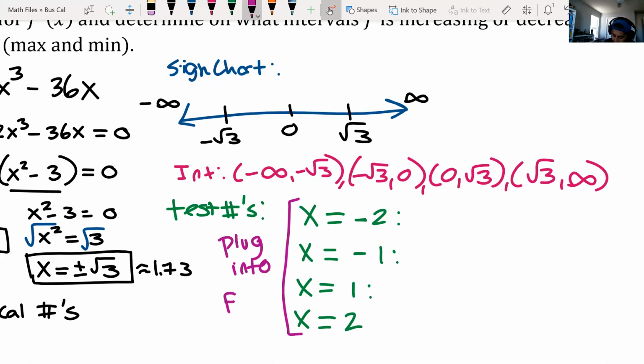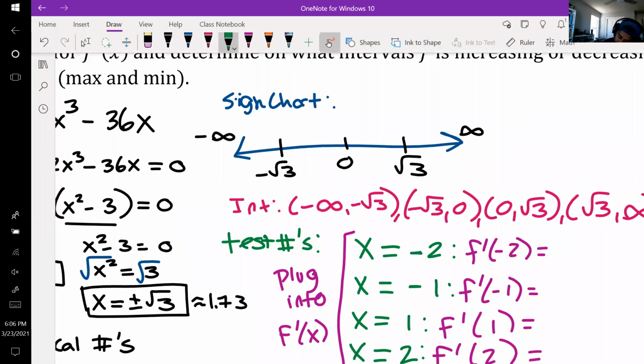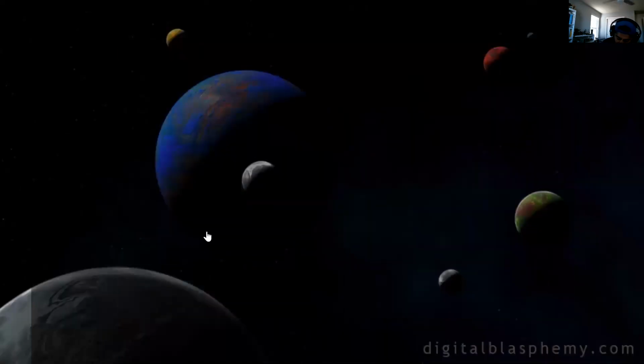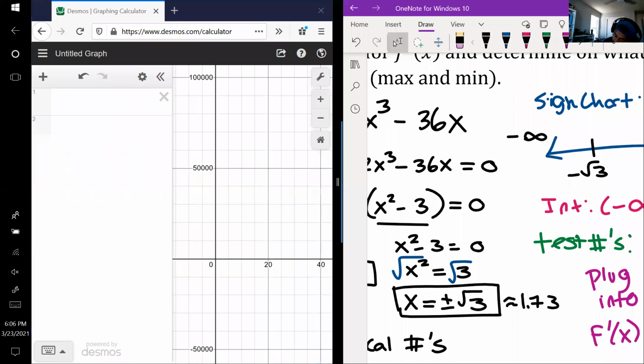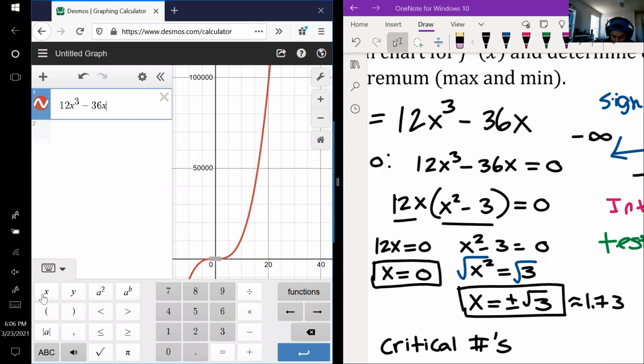Plug into f prime of x: f prime of negative 2, f prime of negative 1, f prime of 1, and f prime of 2. Desmos. Desmos for the win. Give me that first derivative, 12x cubed minus 36x.